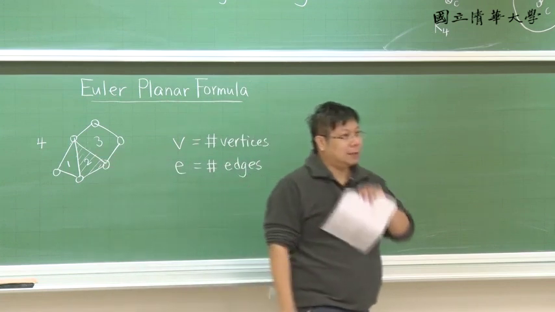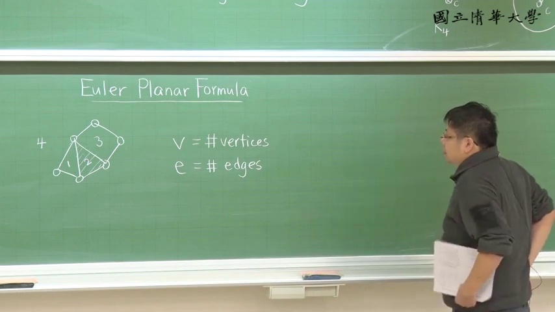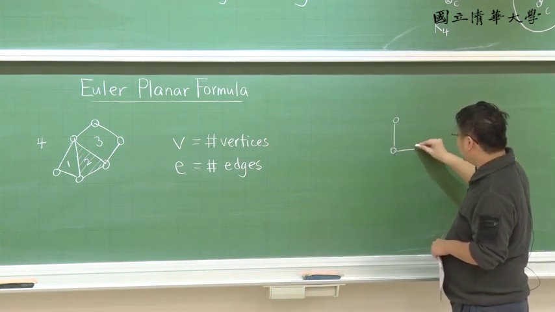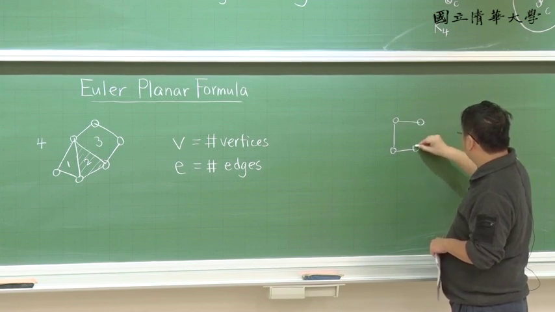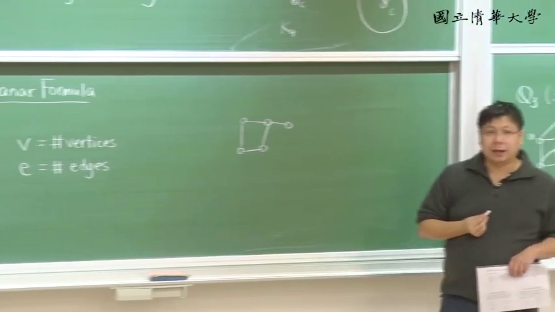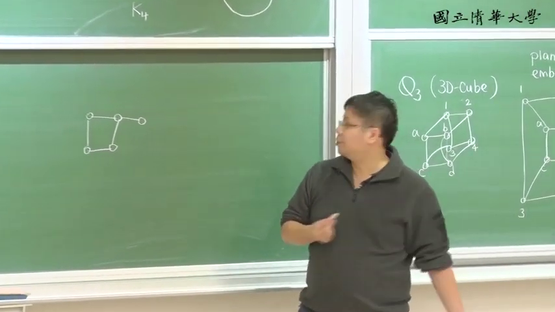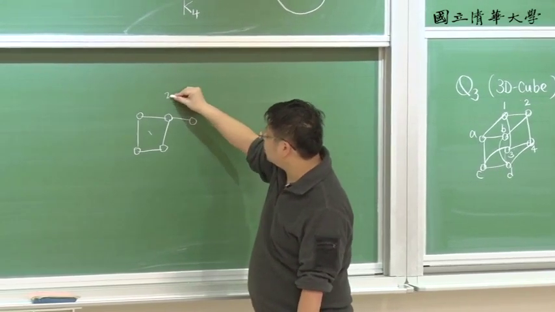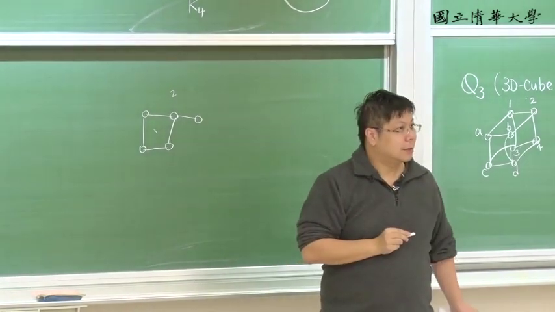Is that okay? As another example, how about this one? How many regions are there? 2. There are 2 regions. There's 1 here, and there's an outer space, 2 here. Is that okay? Okay.